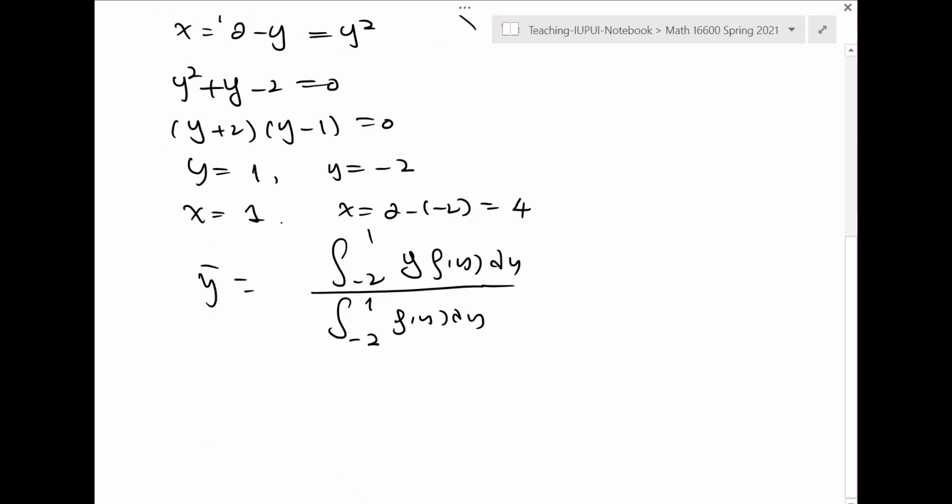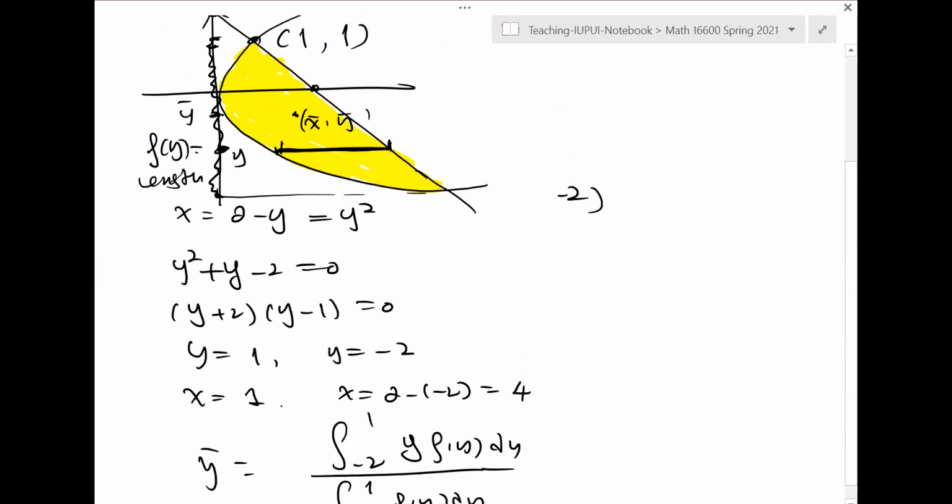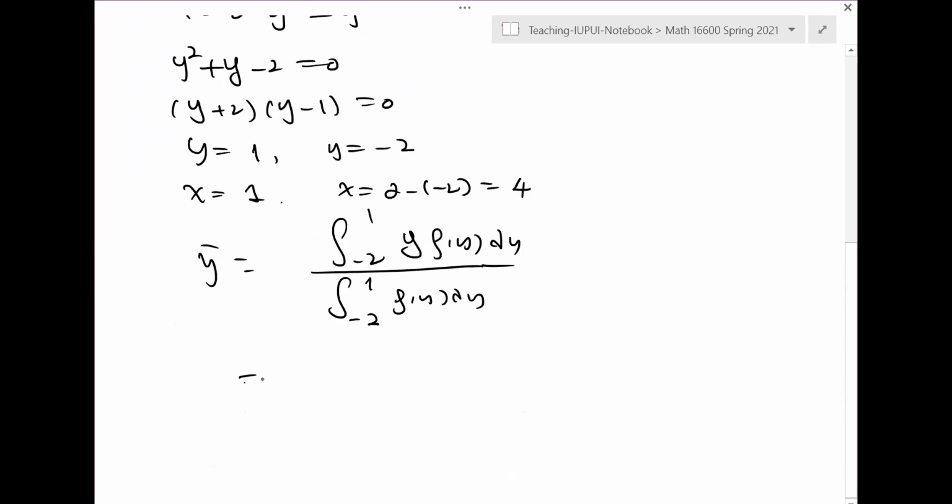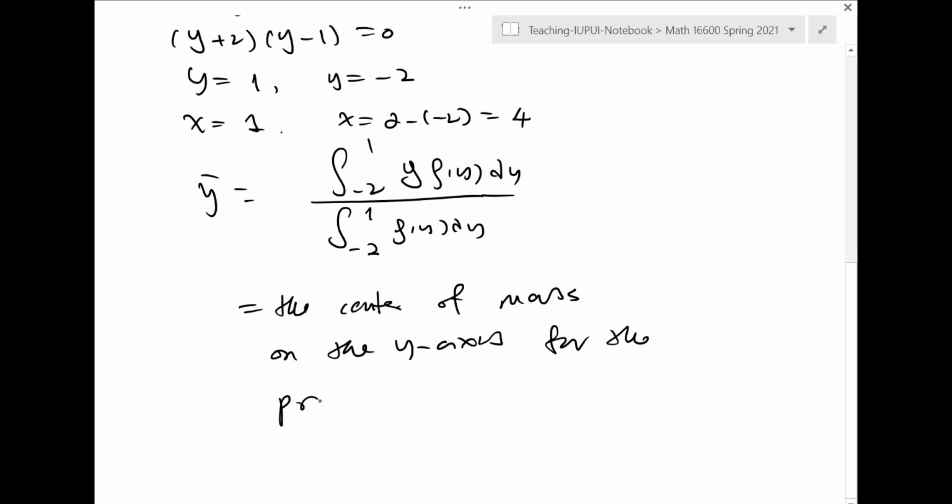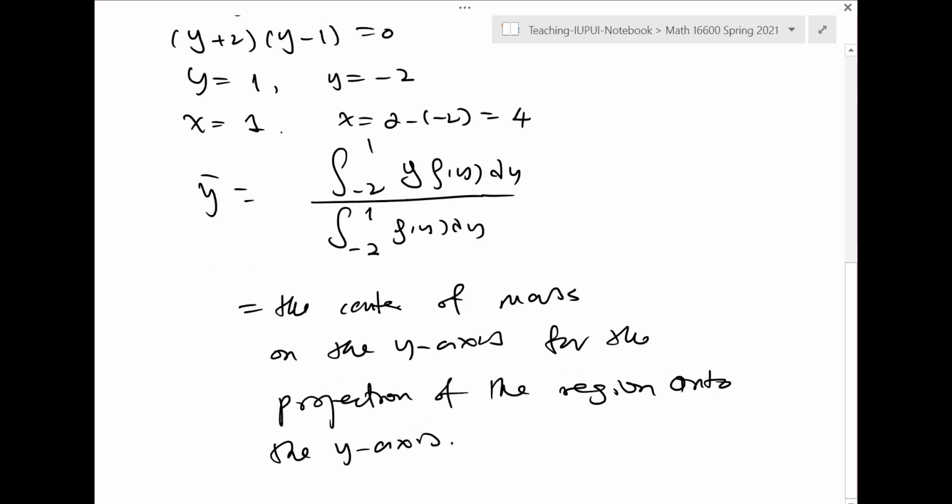You look at the shadow, some places more dense, some places less dense, right? So the density function is used to calculate the centroid, the center of mass, on the y-axis for the projection of the region onto the y-axis.